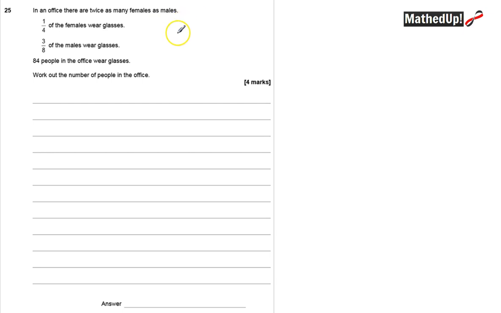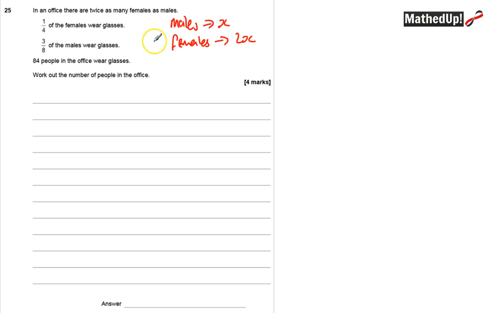So if we call the number of males x, so females, therefore, because there's twice as many, we're going to call 2x.